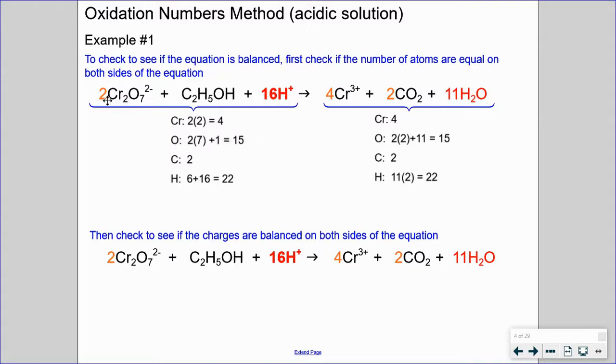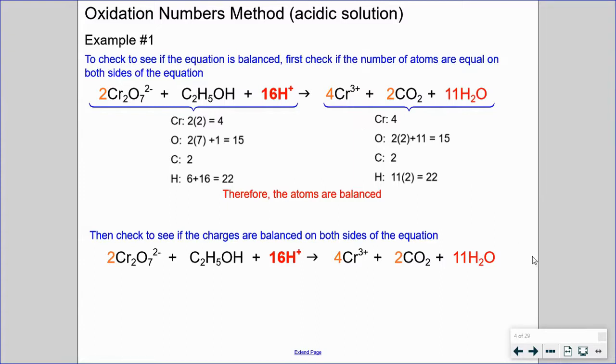The oxygens would be 2 times 7 plus 1, that's 15. And on this side, it's 2 times 2, which is 4, plus 11. That's also 15. The number of carbons is 2, and the number of carbons is 2. And the number of hydrogens is 6 plus 16, which is 22. And that is 11 times 2, which is 22. So the atoms are balanced on both sides of the equation.